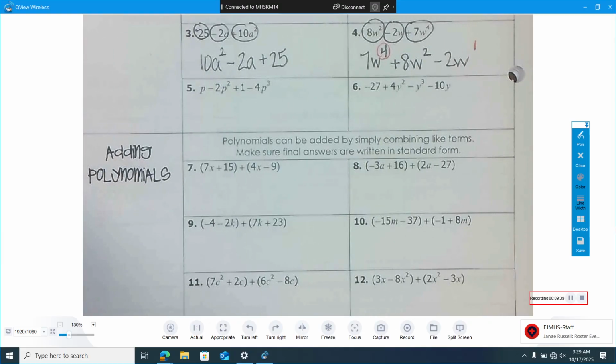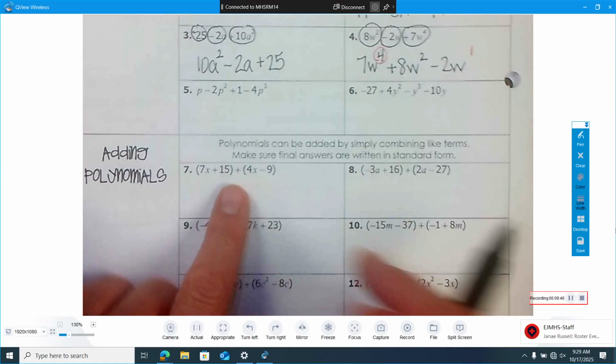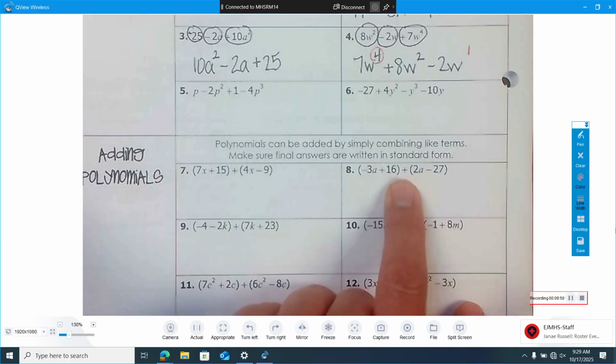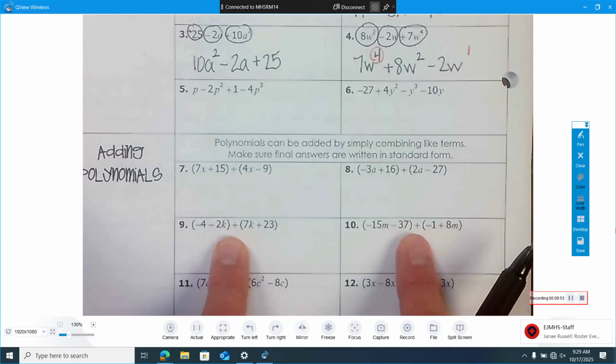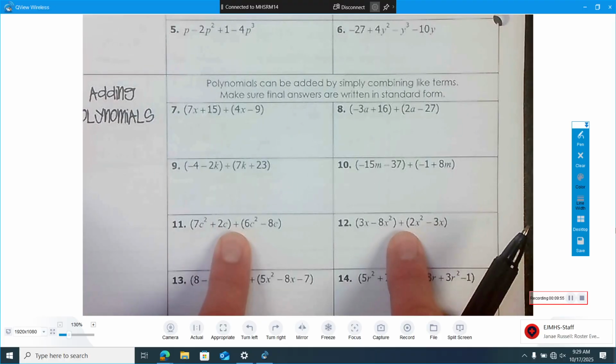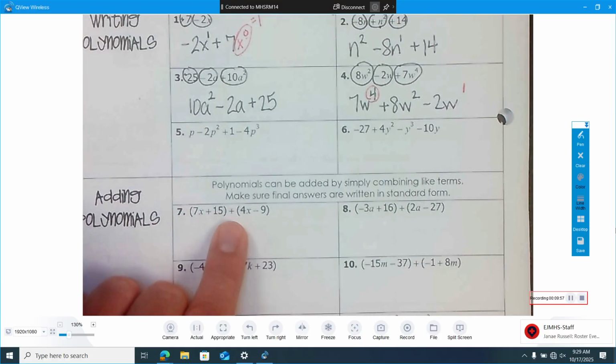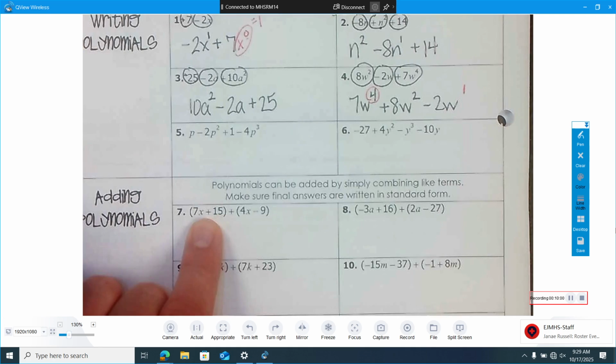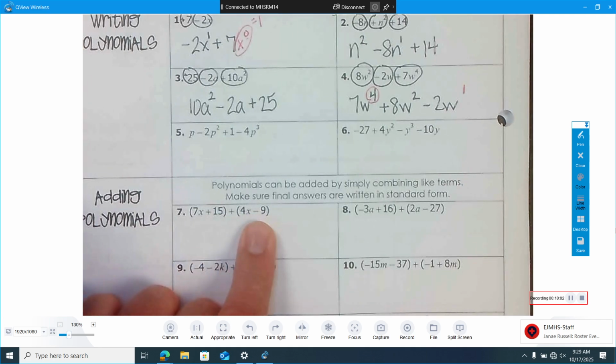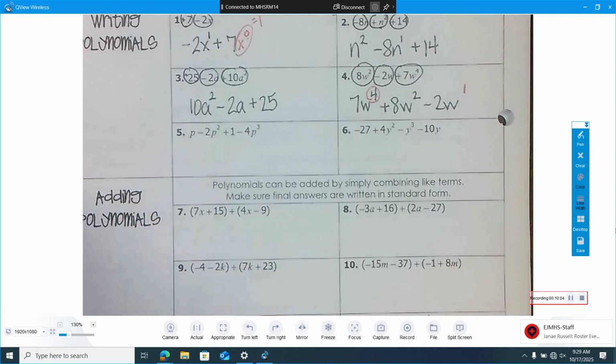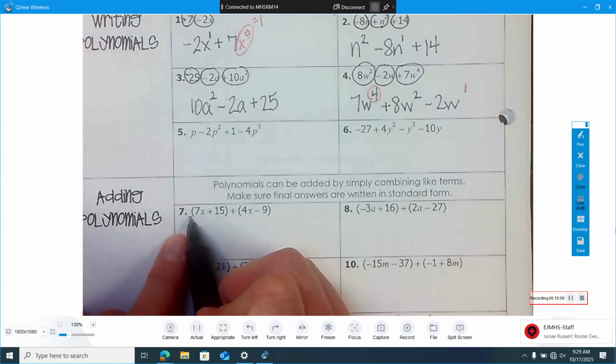Pay close attention here because it's either going to be really hard or it's going to be really easy, okay? We want to add our 2 polynomials here. You can see there's a plus sign, a plus sign, a plus sign in between all of these examples. All they're saying is we're going to add one polynomial, add another polynomial. We're adding two things together. The parentheses have nothing in front of them except a 1, okay?